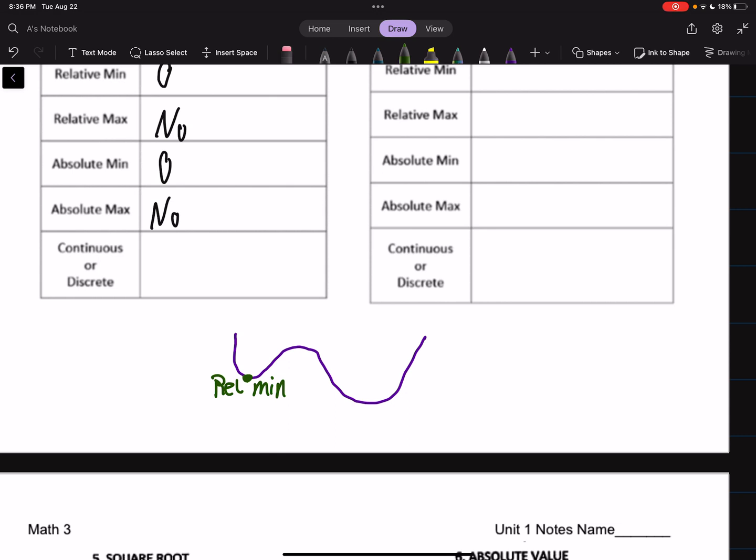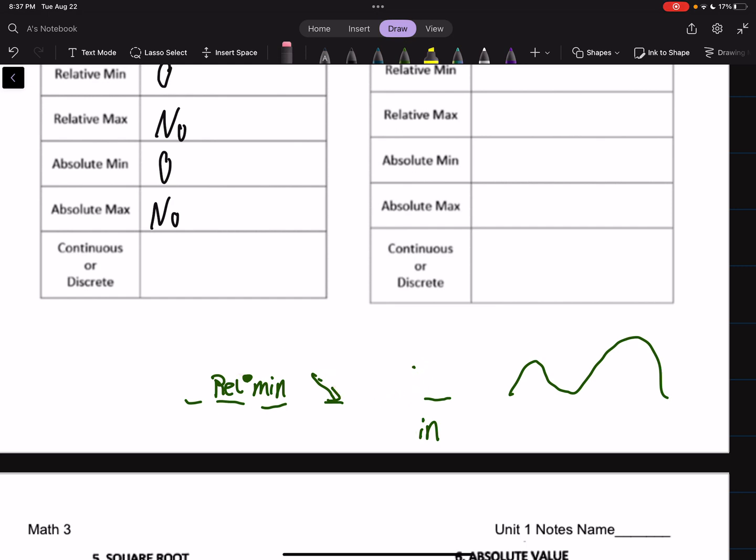Likewise, this point where it comes down and comes back up is a relative minimum. However, the lowest this graph ever touches is at this dot. That is also an absolute minimum. Okay? That's the difference. Same thing for max, only flipped upside down like that.